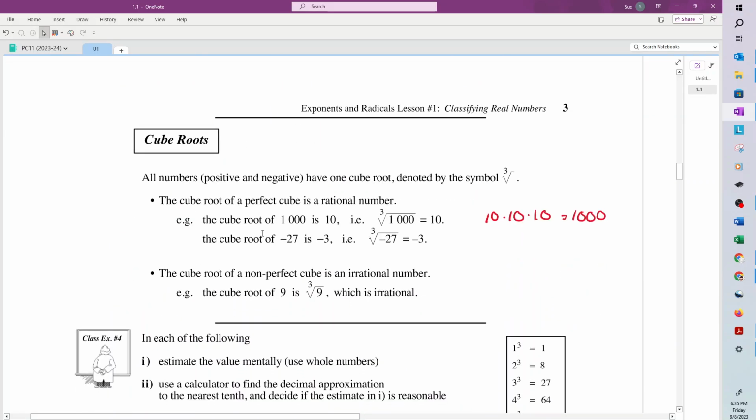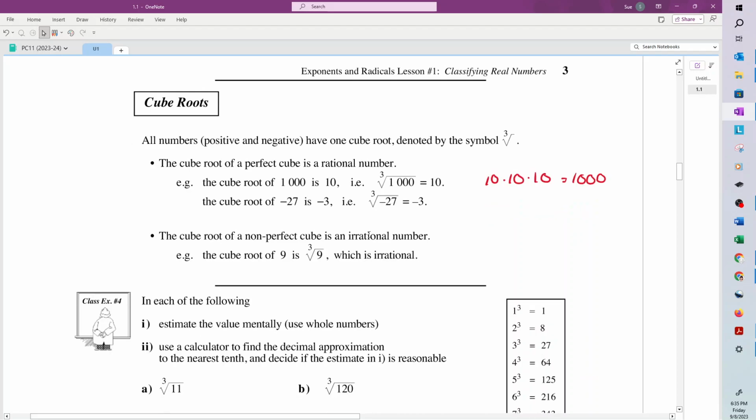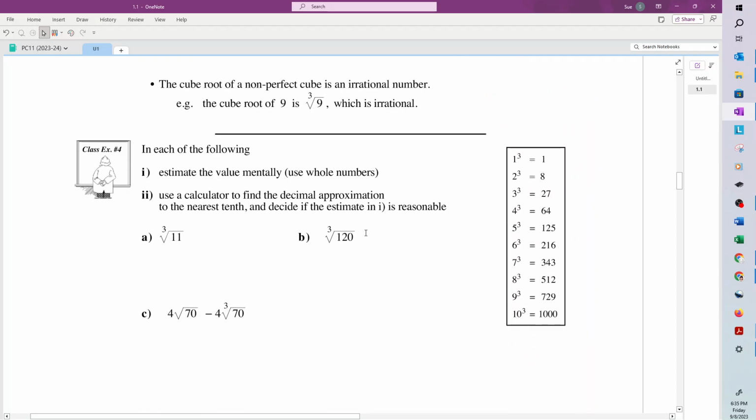If you're taking the cube root of a negative number, you only have a negative number as your result, because -3 times -3 times -3 equals -27. And again, we can have a rational cube root or an irrational cube root. All right, let's do some estimates here. So the cube root of 11, 11 is in here somewhere.